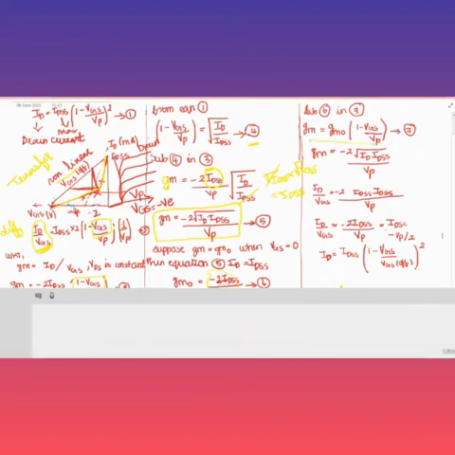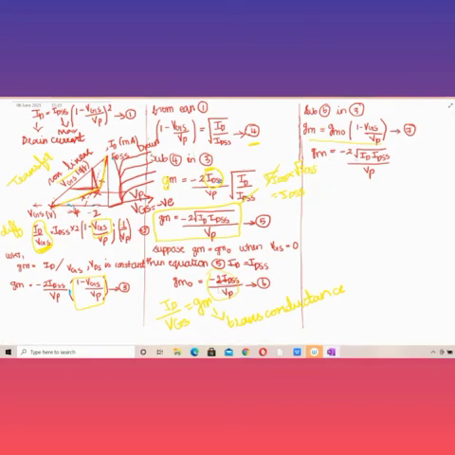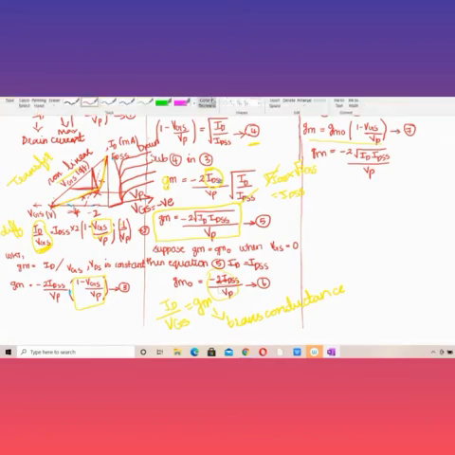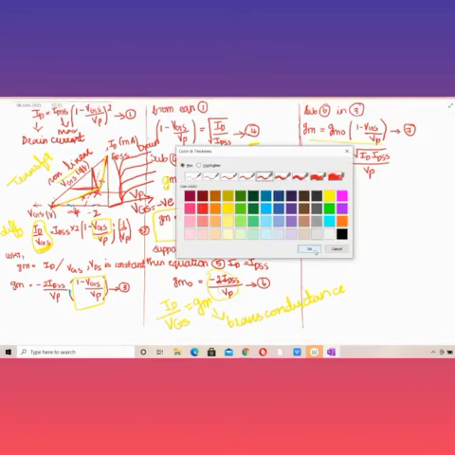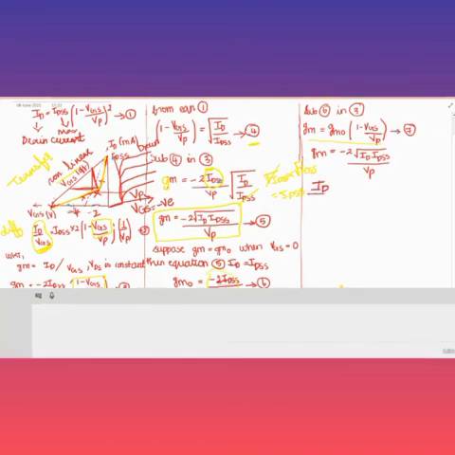Next I'm moving on. Just consider equation number 5 again. Gm is equal to minus 2 root of the ID value comes like this. Now Gm is nothing but ID by VGS.